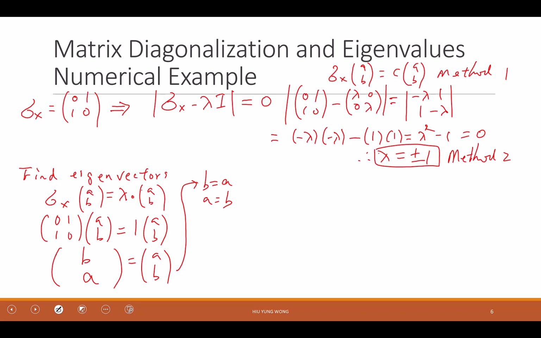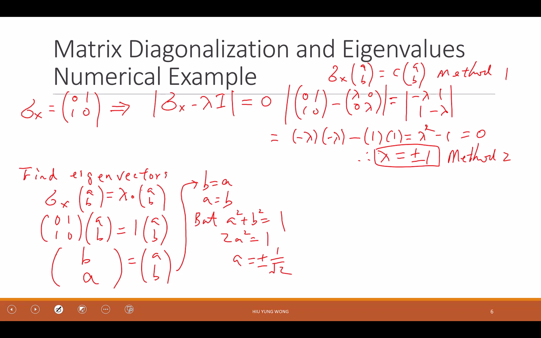So I know that it needs to be normalized. It means A squared plus B squared must be equal to 1. But now you say A equal to B, so it means 2A squared must be equal to 1 because A equal to B. Then A equals plus minus 1 over square root 2.